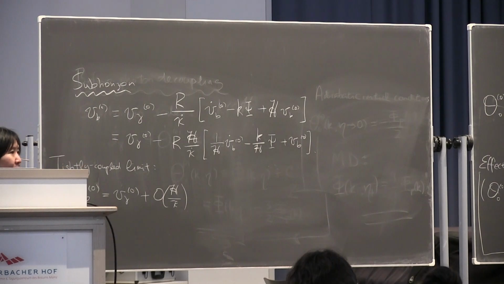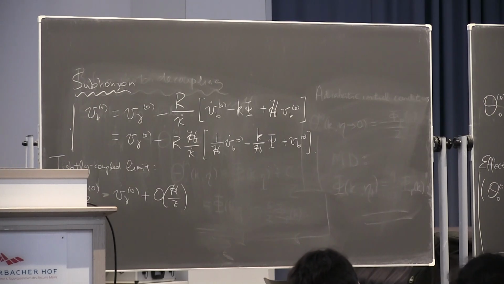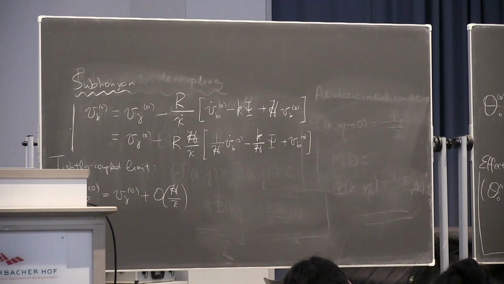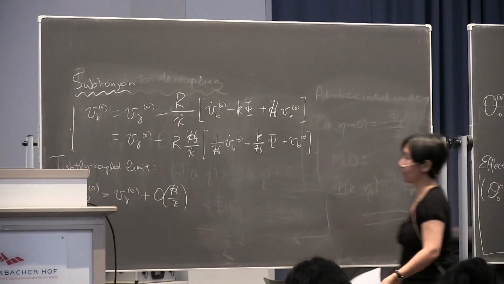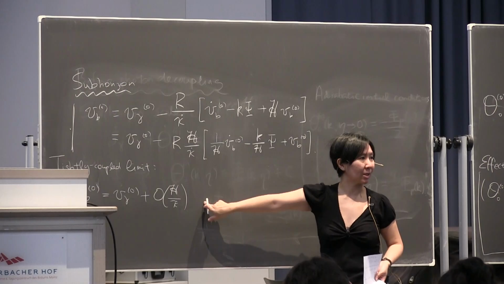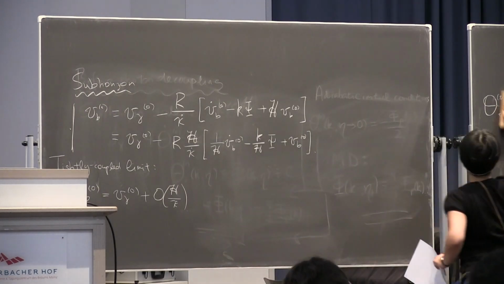That's what it is when I do the tightly coupled limit. So what I can do now is make use of this rewritten form of the velocity equation for the baryons, and then systematically expand it out to leading order. Well, leading order is this, but also a correction to order H on kappa dot. Okay? So we'll do that.